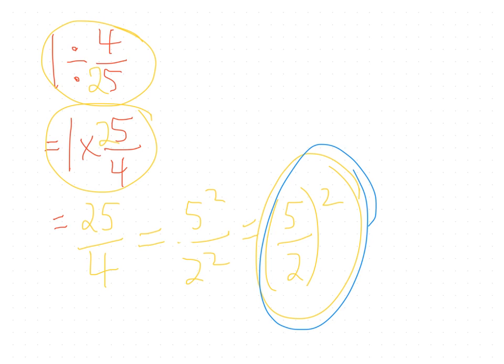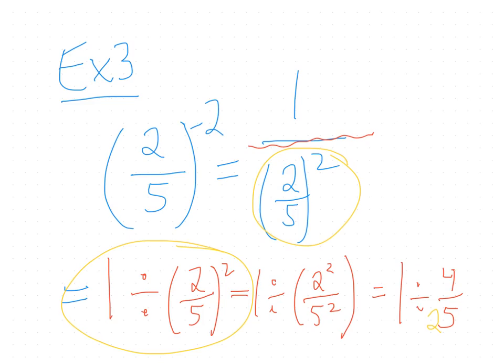So let's equate the start with the end and make some further connections. We started with 2 over 5 to the exponent negative 2.